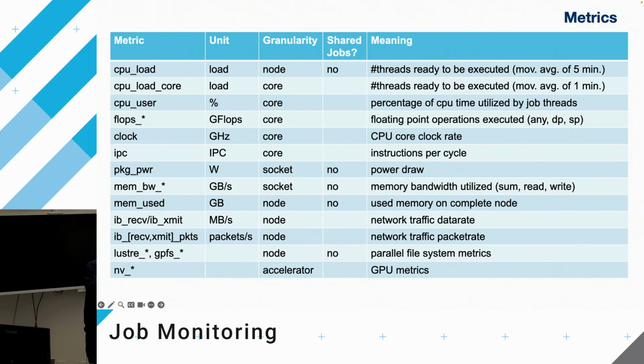Therefore, if you do something with a parallel file system, then you will see some values going up, for example, in the IB InfiniBand network metrics. And finally, the NV metrics are for the NVIDIA GPUs that we have on the GPU nodes.